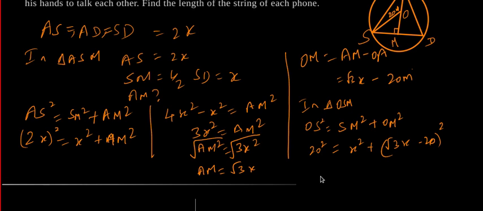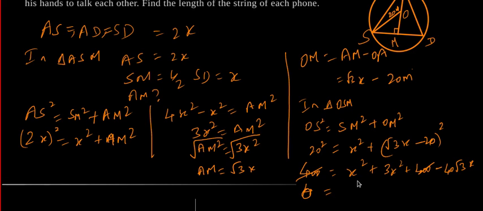Simplifying, 20 square becomes 400, equal to x square plus, using (a minus b) the whole square, root 3 x the whole square becomes 3x square, plus 20 square which is 400, minus 2ab, which is 40 root 3 x. On this side 400 is positive and on the other side 400, so they get cancelled.